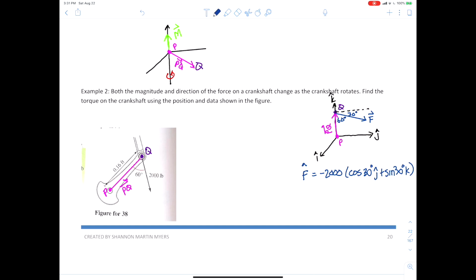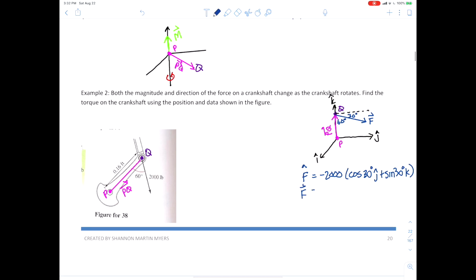Good so far? All right, so the vector F will be negative 2,000 times the vector 0, cosine 30 degrees, sine 30 degrees.